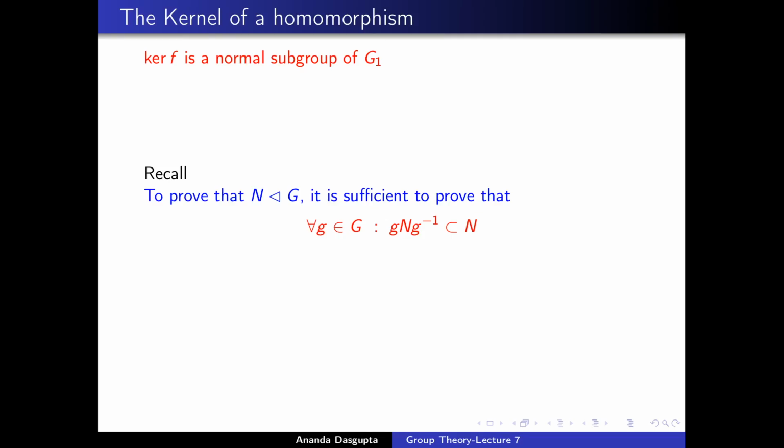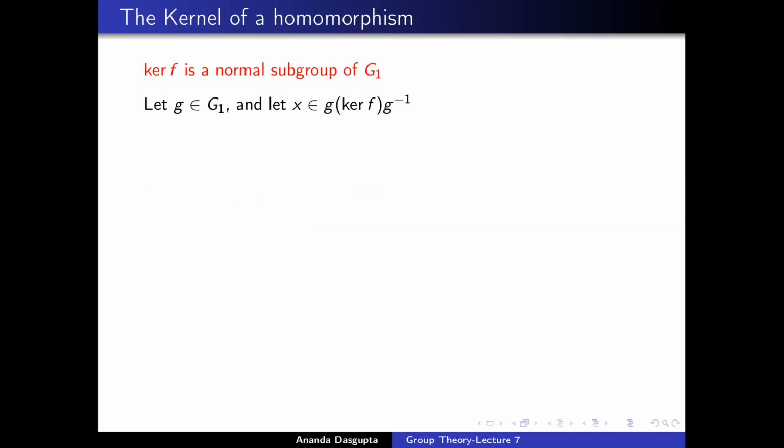So let us now quickly use this particular result for the kernel of F, a homomorphism from G1 to G2. For this, what we need to show is that if we take any element small g from capital G1 and form this set g ker F g inverse, this set is a subset of ker F. That is, we will start by taking any element x from g ker F g inverse and then try to show that this x is also in ker F. And showing that is pretty straightforward.